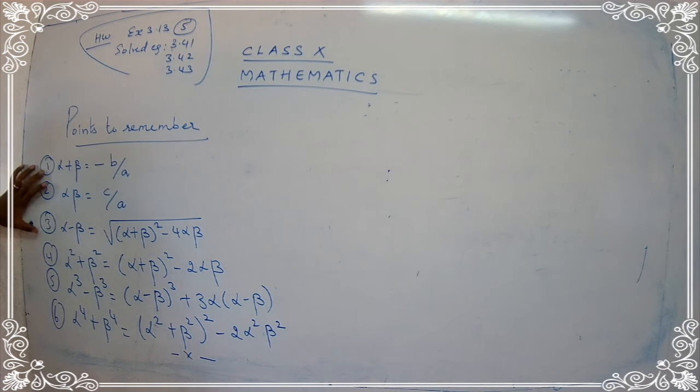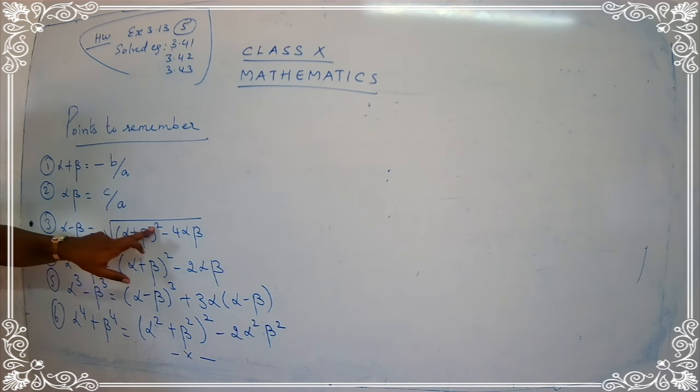Say the formula, children. Alpha plus beta is equal to minus B upon A. Alpha beta is equal to C upon A. Alpha minus beta is equal to square root of alpha plus beta the whole square minus 4 alpha beta.